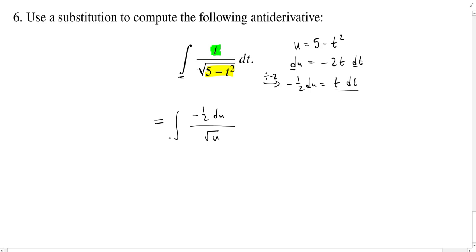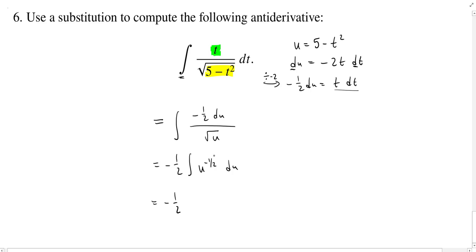All right, now to find an antiderivative, first notice this negative half, I can pull that out. And, well, it's really hard for me to do antiderivatives when it looks as it does, so I'm going to rewrite 1 over the square root of u as u to the negative 1/2. So the negative tells me it was 1 over, the half tells me it was a square root. Now I can use the power rule.